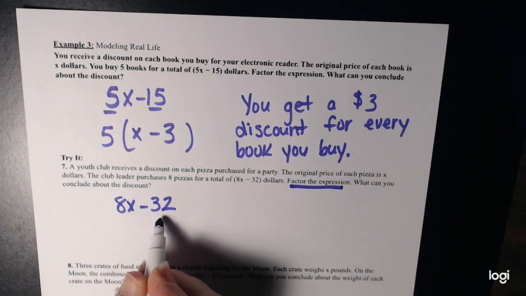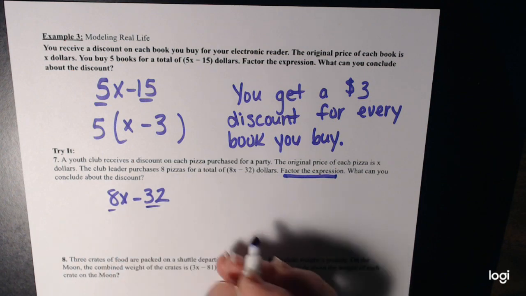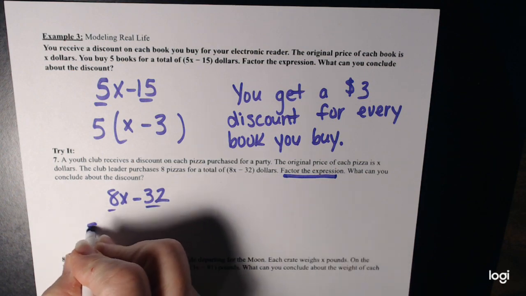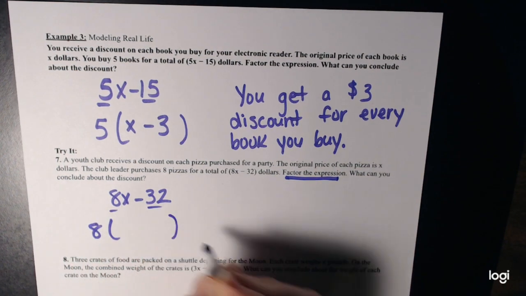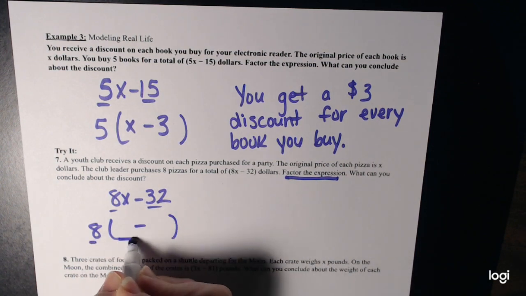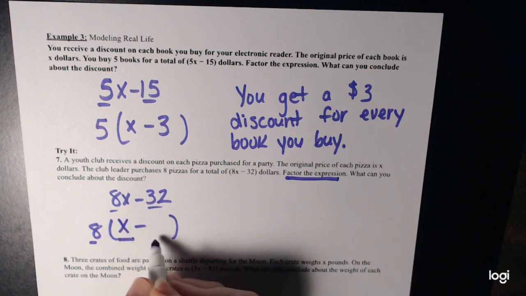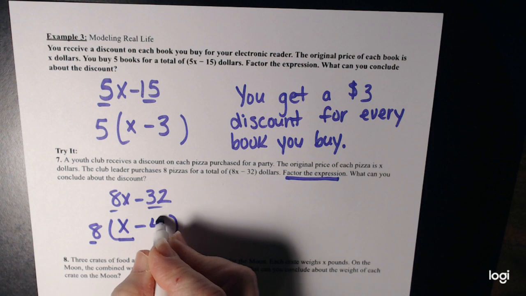All right, so if I look at 8 and 32, what do they both have in common? Yeah, their greatest common factor would be an 8. We'll pull the 8 out, separate my parentheses nice and far, put my minus. 8 times what is 8x? 8 times x. And 8 times what is 32? 8 times 4.